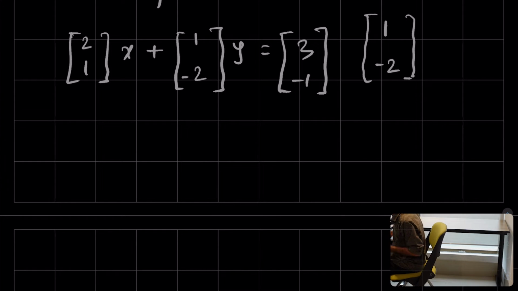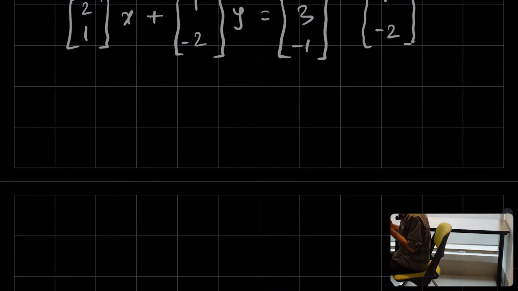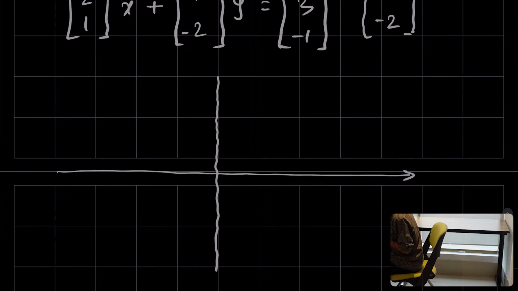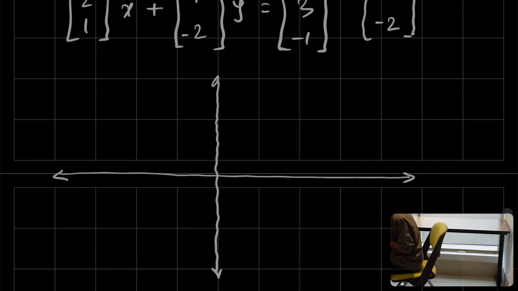Okay, so we already saw that the solution of this system is x equal to y equal to 1, right? Let us take the CS definition of vector. This is 2, 1, the list of numbers.